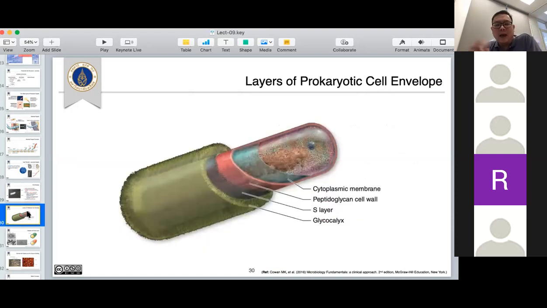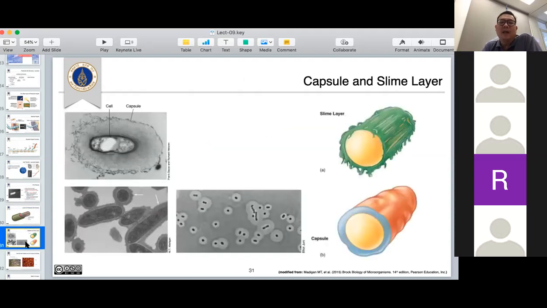A bit outer from the peptidoglycan layer, we call it glycocalyx. The glycocalyx is the outermost structure of the prokaryotic cells. It can be a capsule or slime layer.